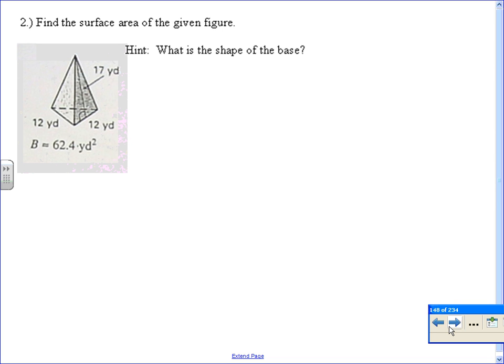Now, one other thing on this figure is we're going to assume that that third side is 12, on that triangle. There are sometimes when they're going to give you the big B, so just plug it in. That's all you have to do. Matt, what is our formula for the area of a pyramid, the surface area of a pyramid? Good.